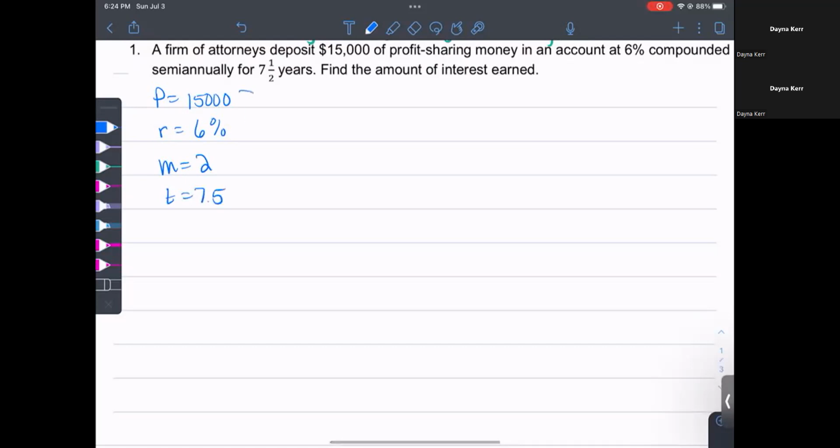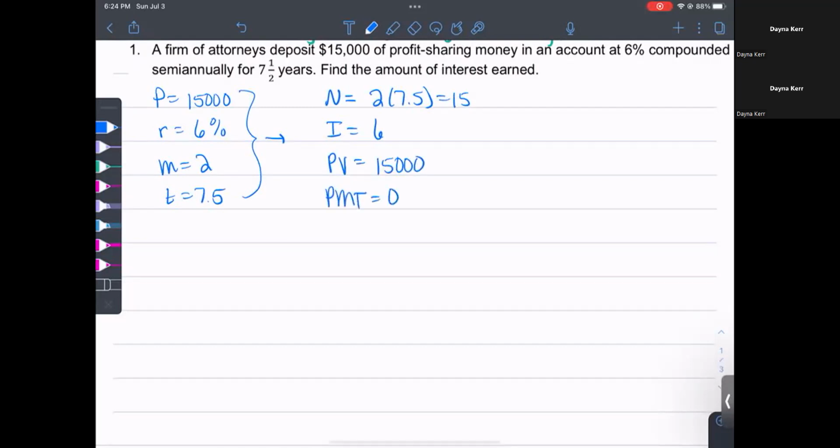So what all of that translates to in our TVM solver is our N. We're going to calculate 2 times 7.5. You can actually type the multiplication into the TVM solver or go ahead and multiply it yourself. For I, we're going to put 6. For PV, we're going to put 15,000. PMT, we're going to put 0.